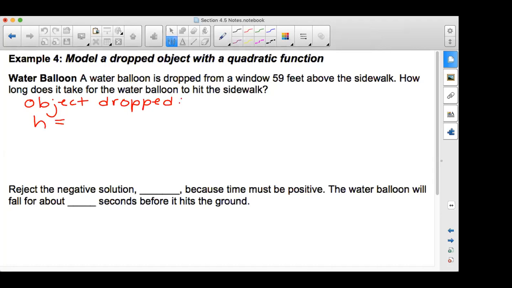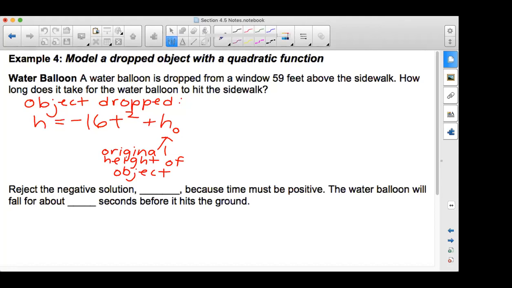It's h equals negative 16t squared plus h with a little subscript of O. Now this h subscript O is the original height of the object.